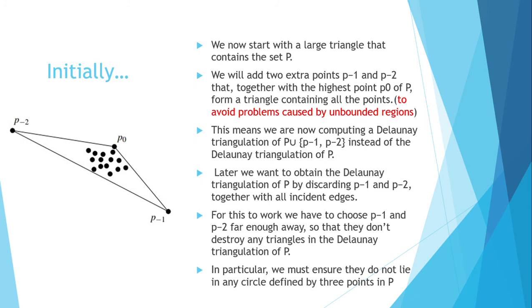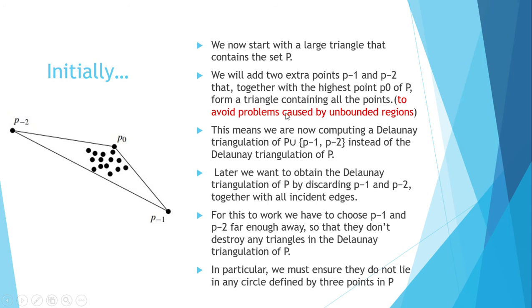Initially we have P0, the topmost point, that is the highest point in the given points. P1 and P2 are two points which we are taking such that together with the highest point P0, they form a triangle with P0, P1 and P2.